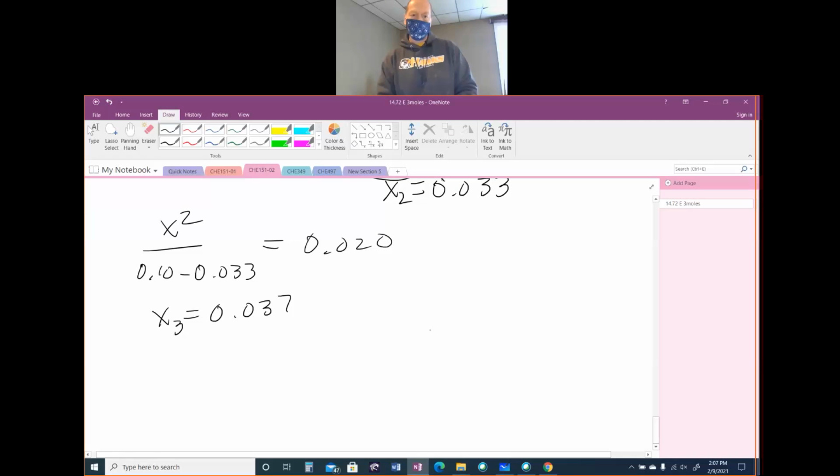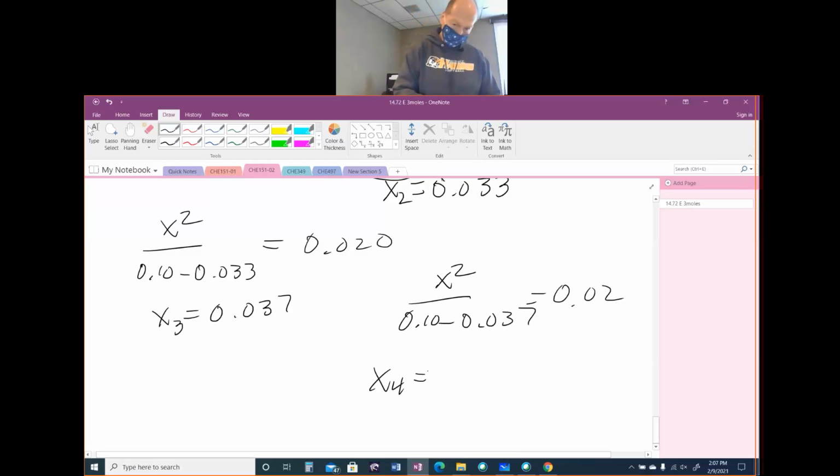Then you plug that number in to get x4. So now you have x squared over 0.10 minus 0.037 is equal to 0.02. That will give us x4. 0.036.